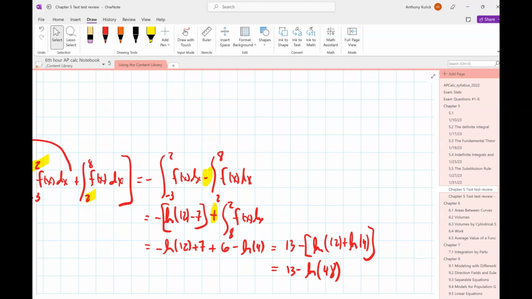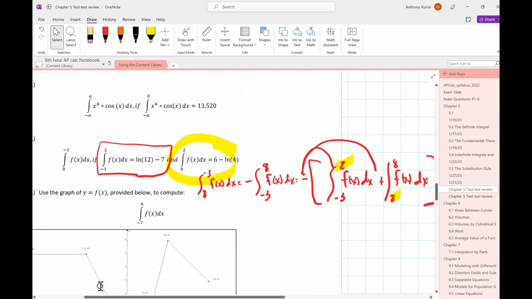So again, my goal was just using those two properties of integrals to chunk this guy up into the pieces that I knew about, right? So I can take an integral and break it into the sum of parts wherever the end of one integral is the start of the next integral. So the obvious place to chunk it would be the 2, because that's what I know about.